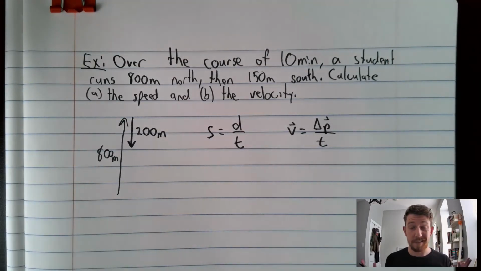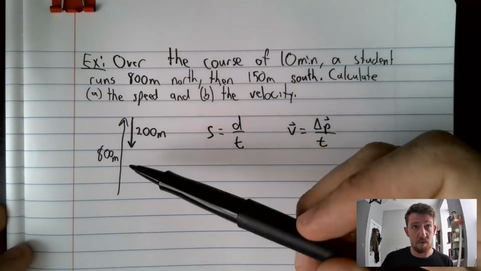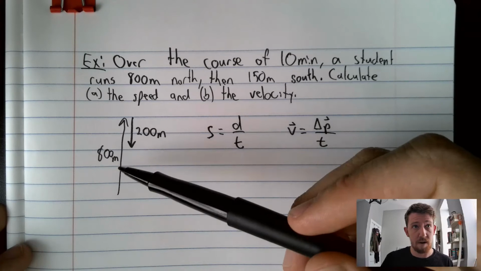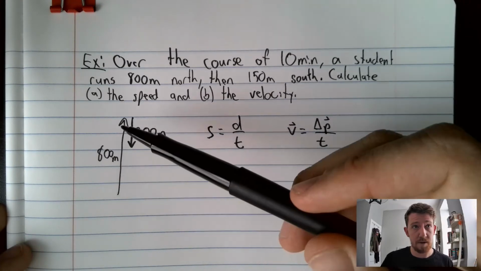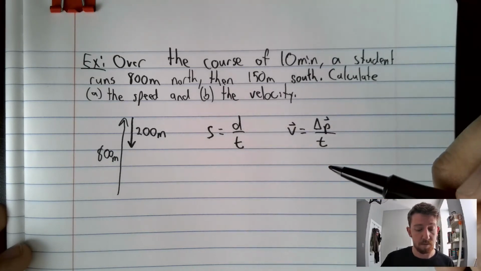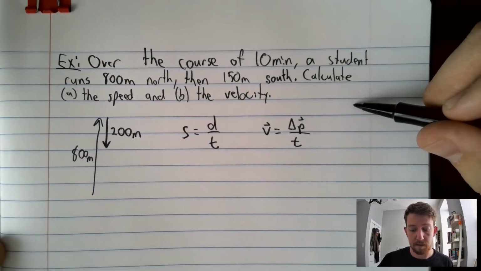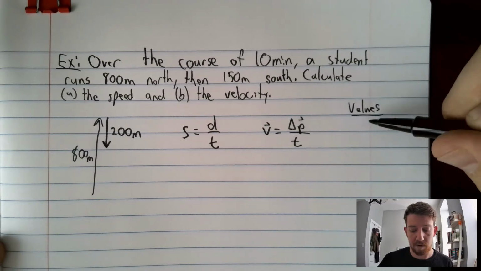Alright, distance is pretty easy. Distance is just the whole distance that they cover, all the ground. So distance will be 800 plus 200, that'll be 1,000. I can also write it straight into the equation. So let's keep them off to the side here. Make like a little inventory of my values.